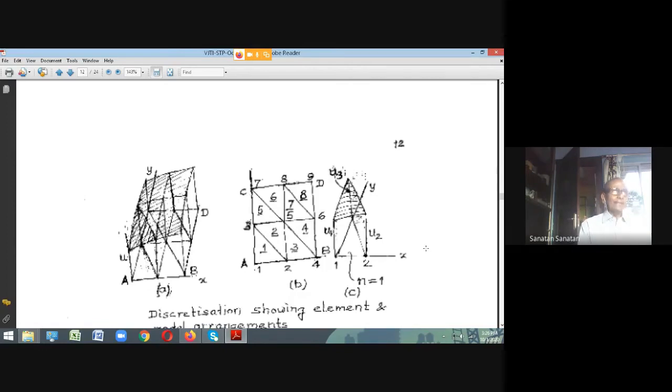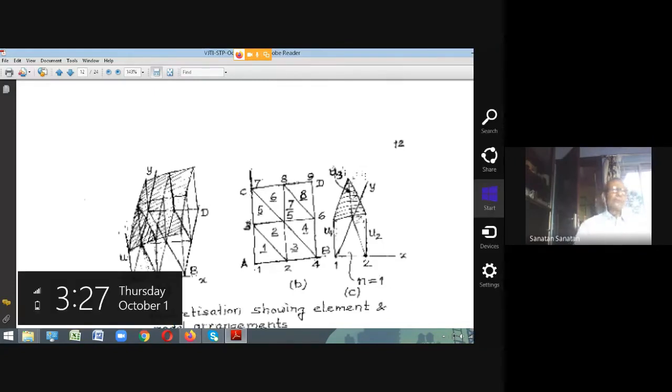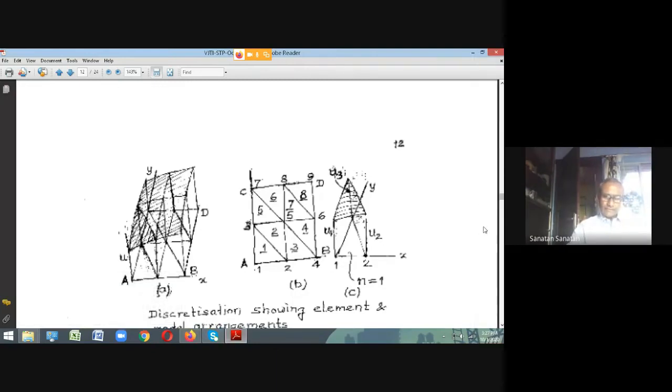So now look at some considerations. Now this domain ABCD, which is shown in the middle figure, I break into small triangles. Look at this, the rectangular domain broken into small equal triangles. So if I look into the surface above an element like, let's say, element 1, which is at the left bottom, A, 2, 3, that's the element.